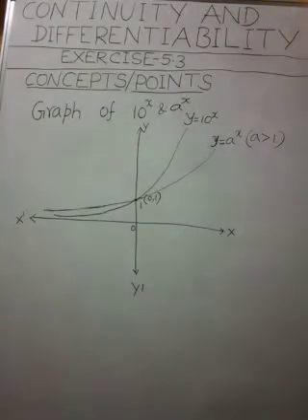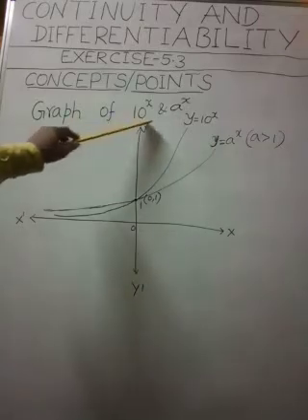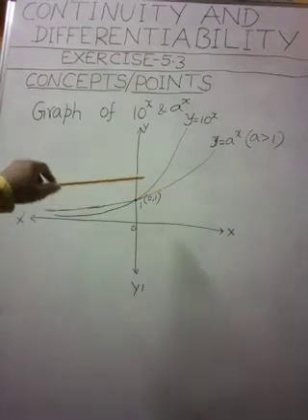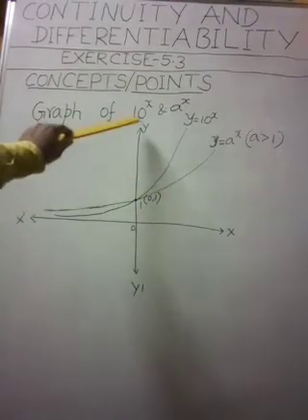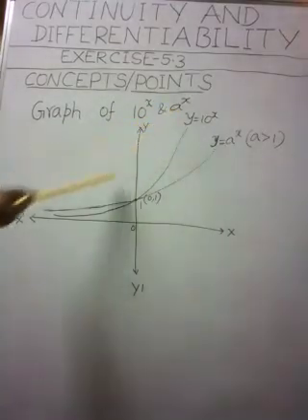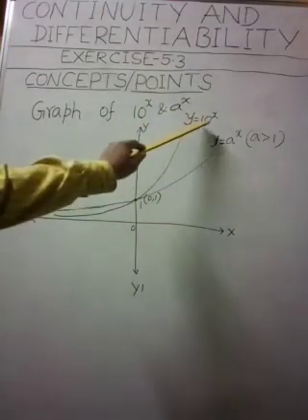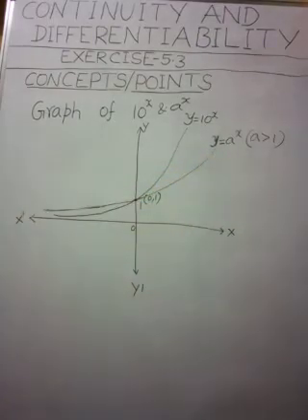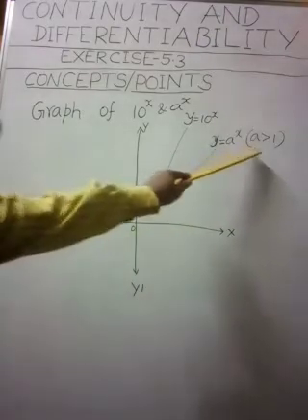This is the graph of 10 power x and a power x. This is a visual representation of the exponential function 10 power x and a power x. Y is equal to 10 power x, y is equal to e power x. Y is equal to a power x, a greater than 1.